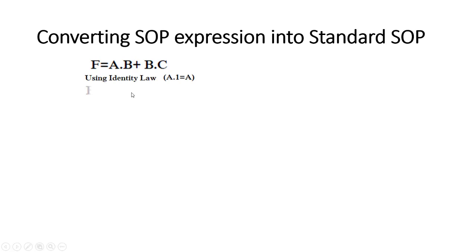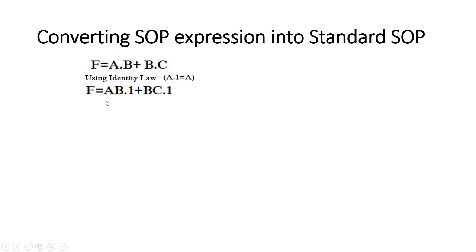Using the identity law, we can write the expression like this, because if we multiply these terms by 1, there is no change for the circuit. That is the identity law. And now I want to replace this 1 with the missing variable. Here also this 1 should be replaced with the missing variable.